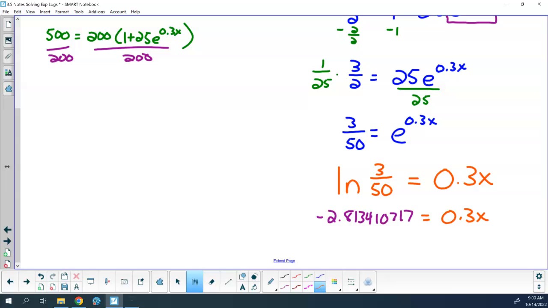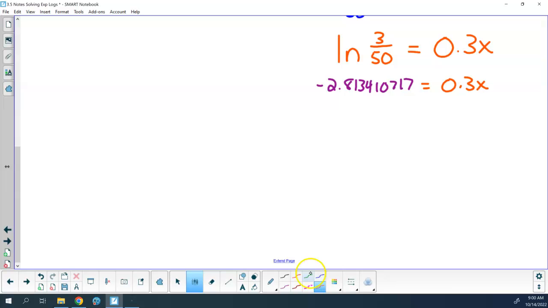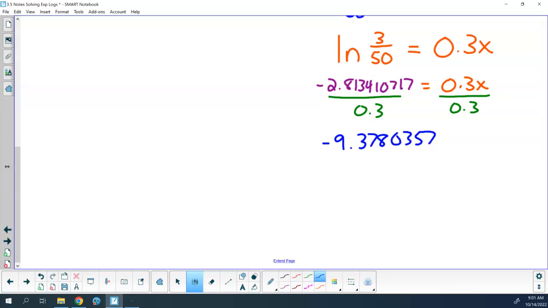Now, what's my next mathematical step? Divide by 0.3, right? So on my calculator, without doing anything, literally divide 0.3 equals. Divide by 0.3, and I get negative 9.378035723 equals x.